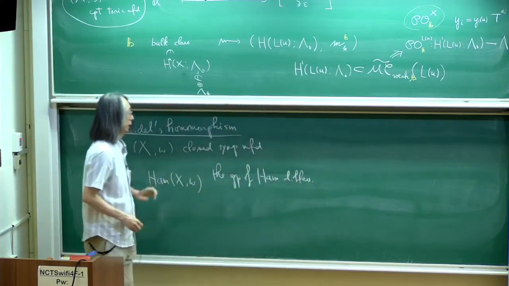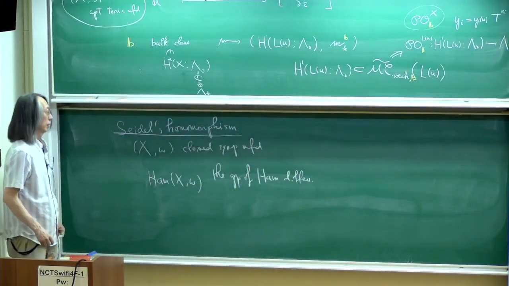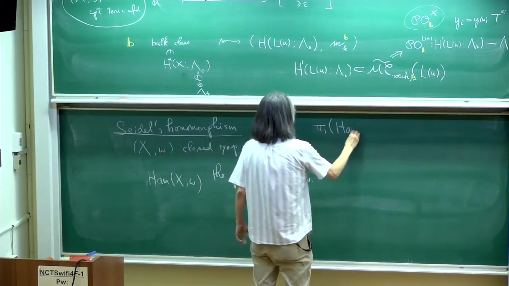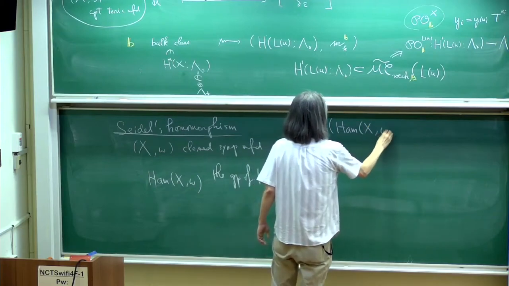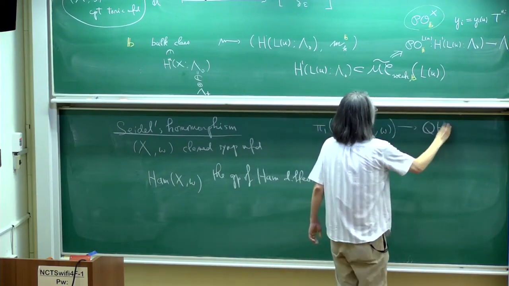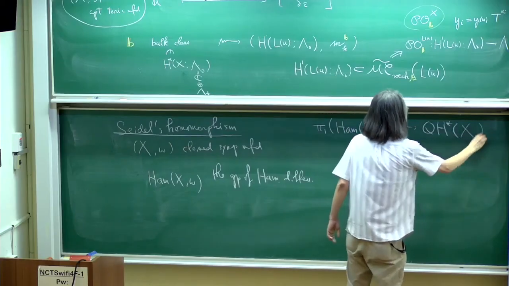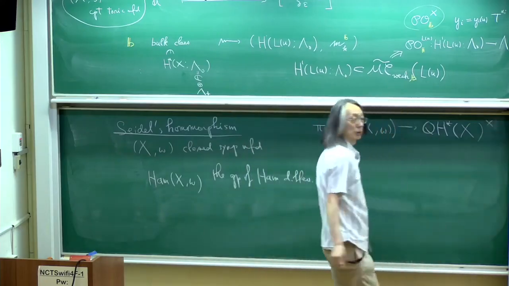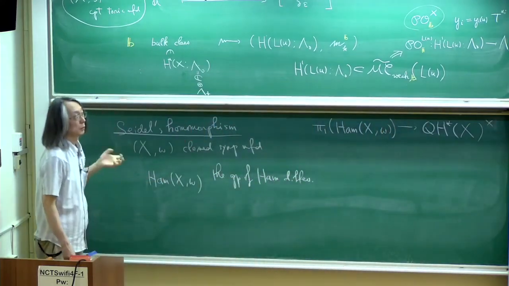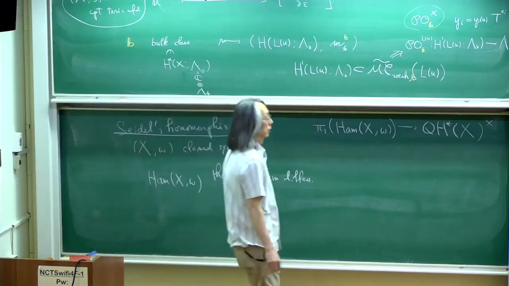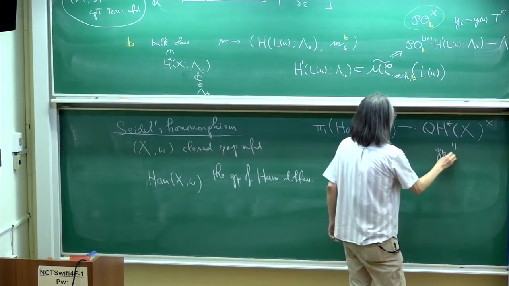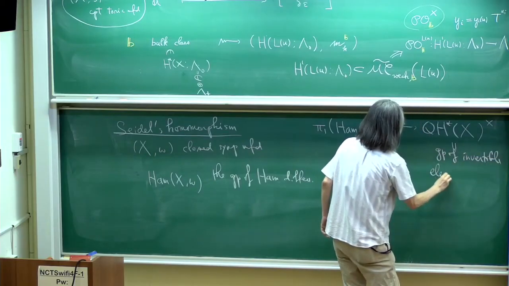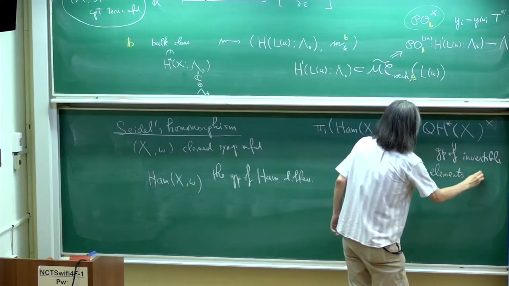I think at the beginning I actually reminded you what it is. And then the Seidel homomorphism is a map from π_1 of Ham to the elements of quantum cohomology. But I need to take the invertible elements here. That means it's the group of invertible elements in quantum cohomology.